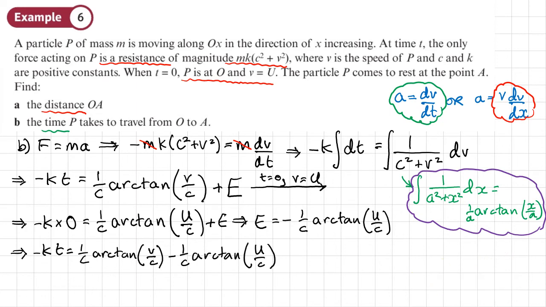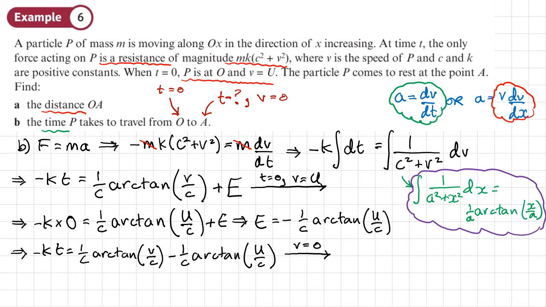So now we're ready to find the time it takes to travel from O to A. Well, we know that when the particle's at O, t is 0. So we just want to find out what's the value of t when it's at A. And we know when it's at point A that it comes to rest. So v is equal to 0. So we will substitute in v equal to 0.